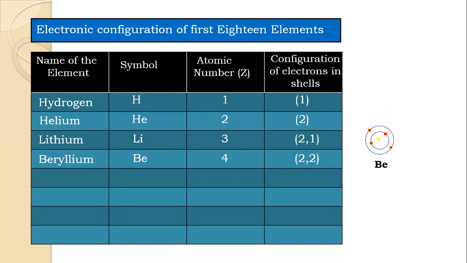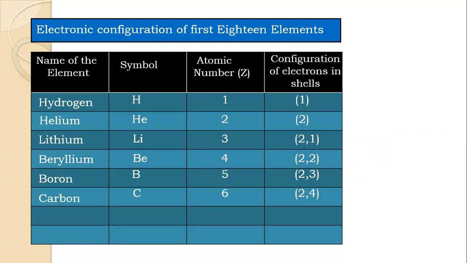So beryllium gives 2 electrons and becomes duplet. Let's go to the next element, that is boron. Atomic number 5, electronic configuration 2, 3. So over here also students, boron would give 3 electrons rather than taking 5 electrons in order to become duplet.